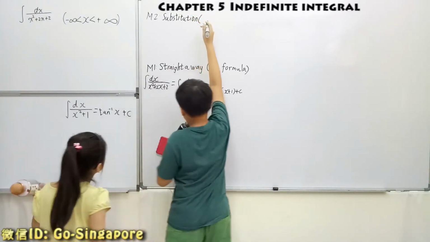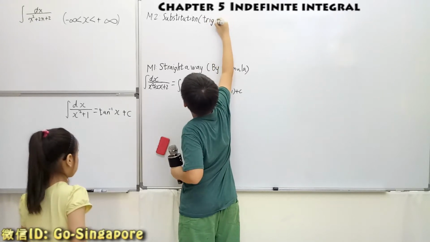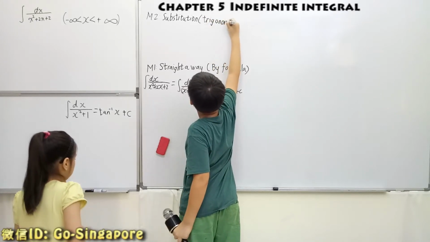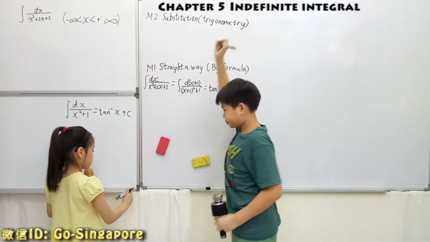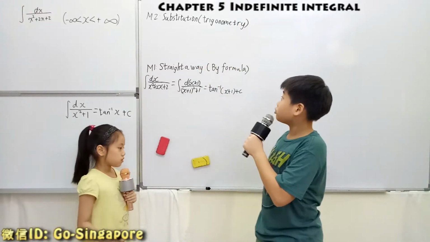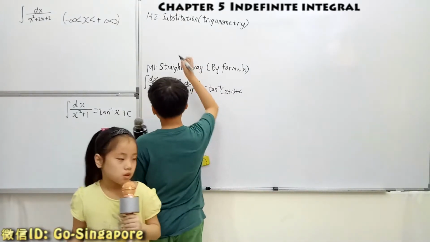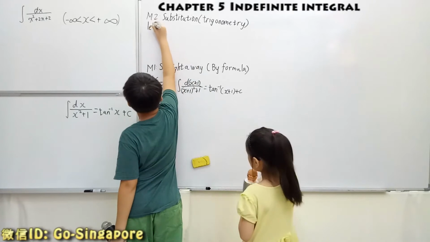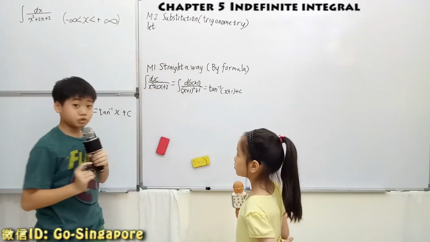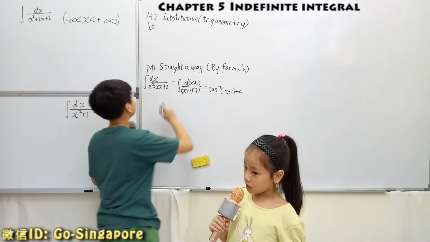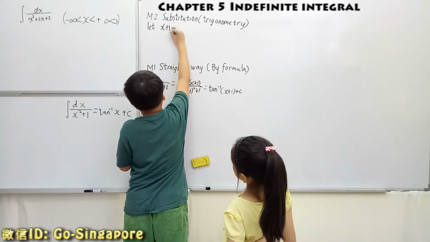And this substitution, yes, as you said, it is the trigonometry. So for this kind of substitution, first we will need to let the completing square, right? Yes. So here we actually have this x plus 1.